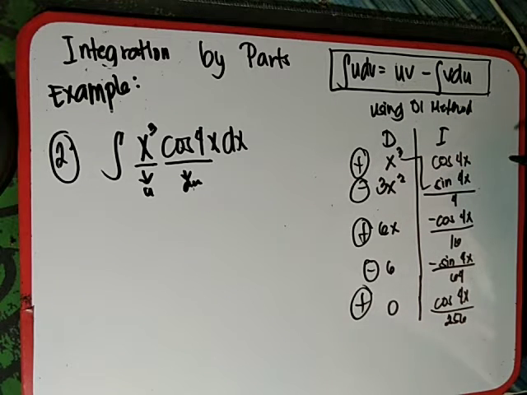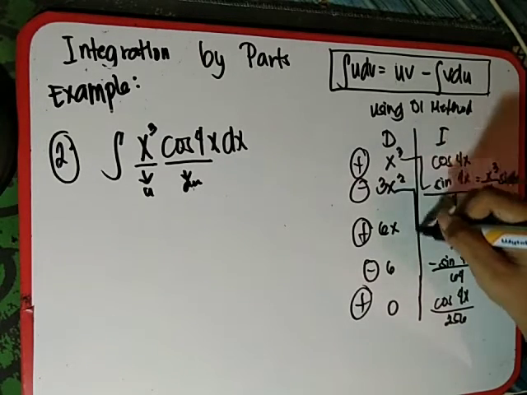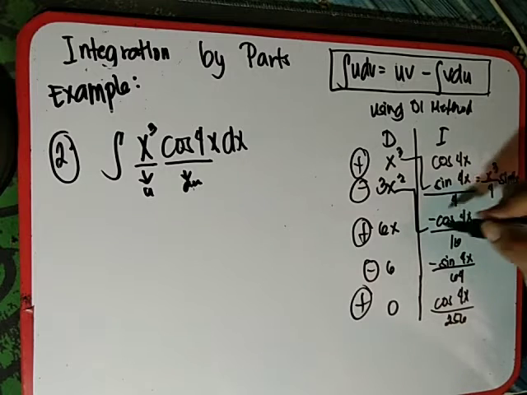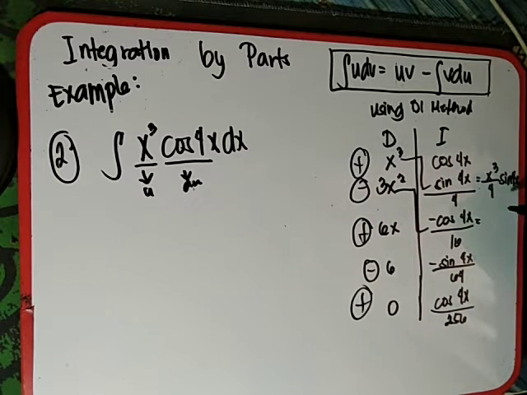So we have the x cubed over 4 sine 4x. This is the positive, negative times negative is positive. So we have 3 over 16 x squared cosine 4x.